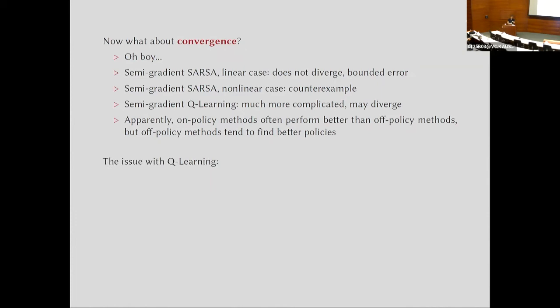I want to say a few extra things on Q-learning. Why is it harder than SARSA? You see that here: even in the linear case, this may diverge. There is a reason for that, and it has a nice name, the Deadly Triad. There are just too many things that we are doing wrong, slightly wrong, but that adds up, and that makes Q-learning harder.